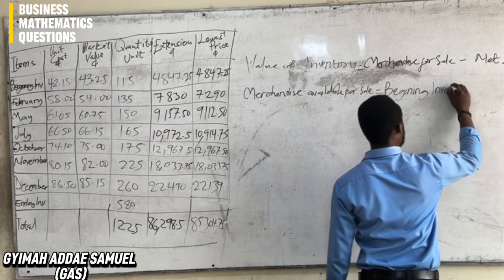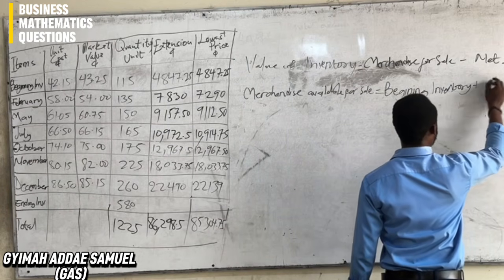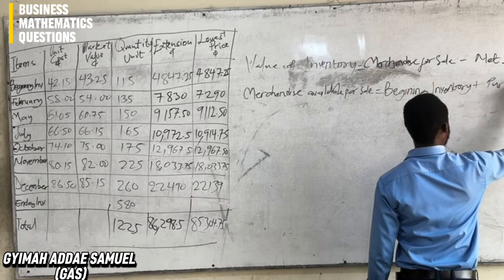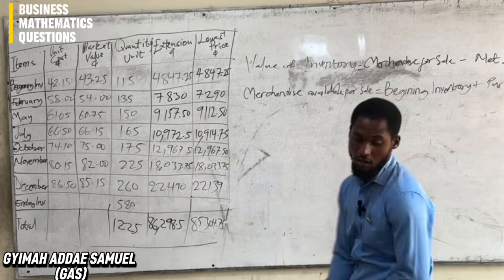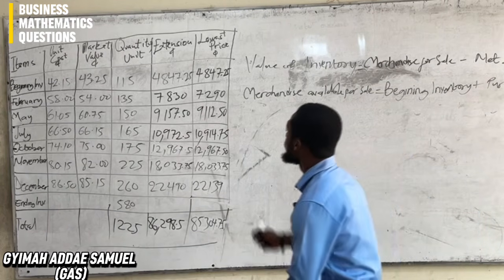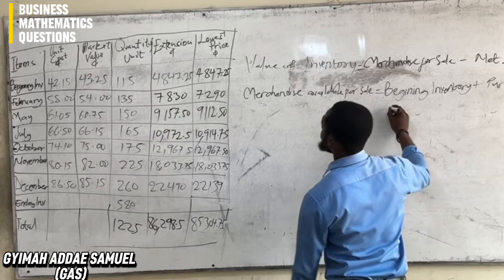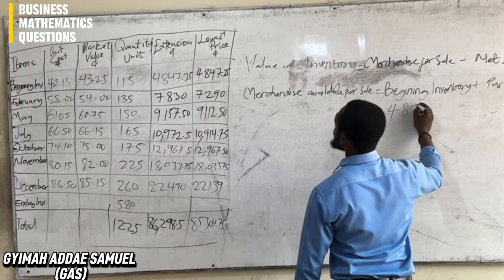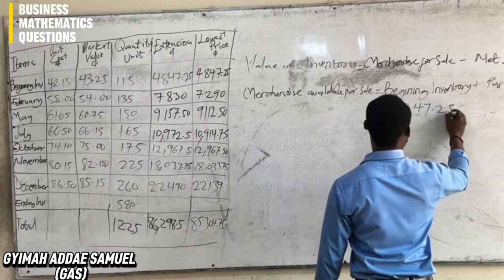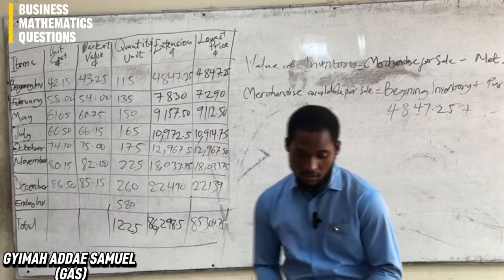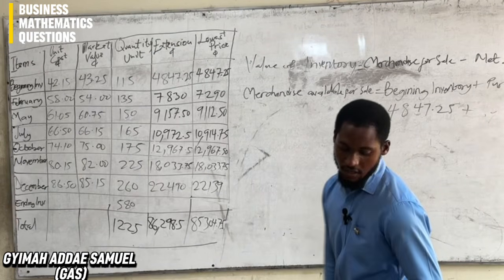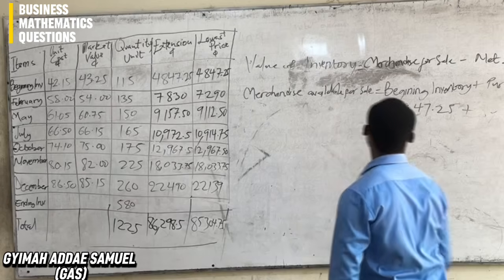The beginning inventory is 48,847.25, and the purchases as provided is 280,750.75.